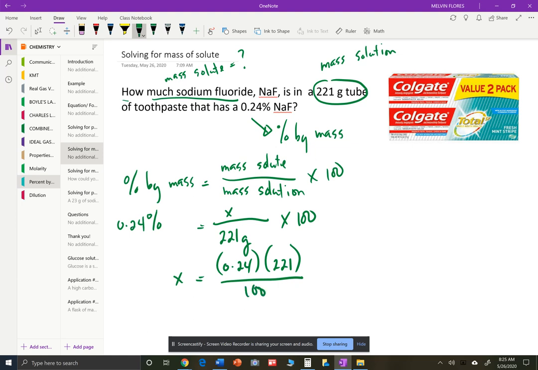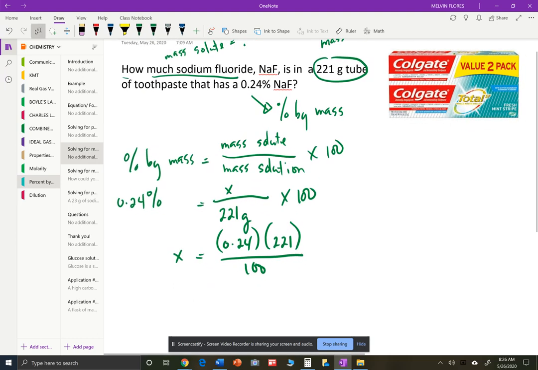Because percent means 100, you can cancel out the percent right here, because you're looking for the mass of solute, which is going to be in grams. If you don't want to divide by 100, make sure you change the 0.24 into a decimal by dividing it by 100. But since we divided here already, we're good.